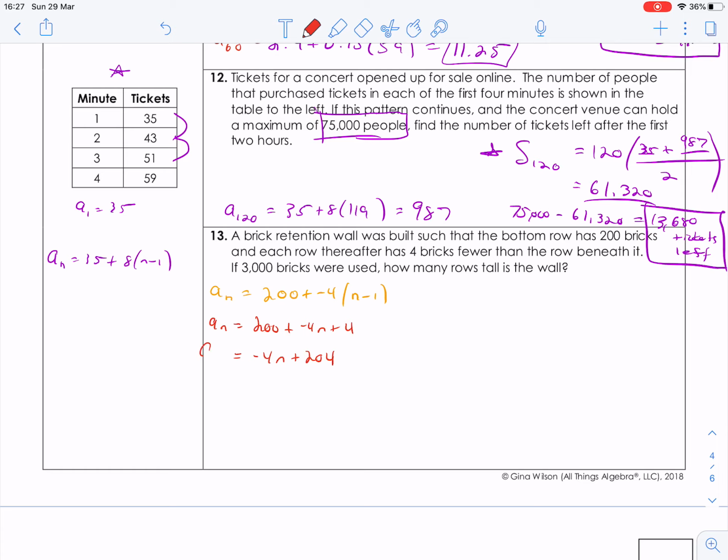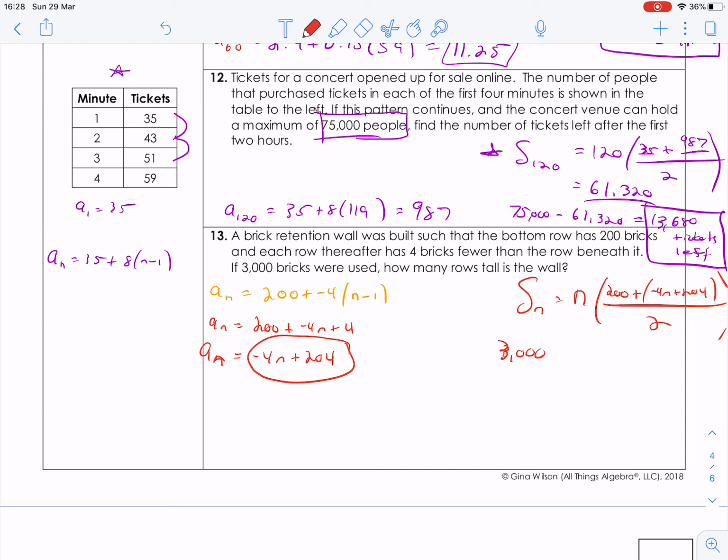That's going to be equal to A of n, or whatever our last term is. So S of n is going to be equal to n times our first term plus our last term, which is this, all over 2. Cool. And then S of n we know is going to be 3,000.